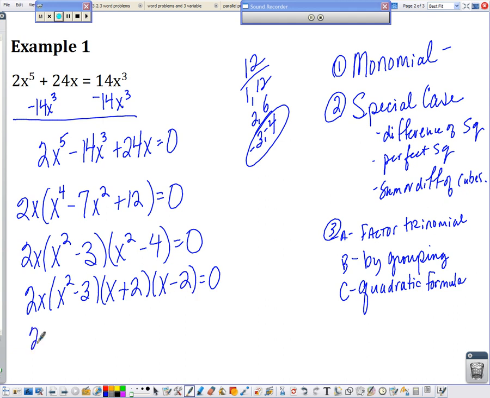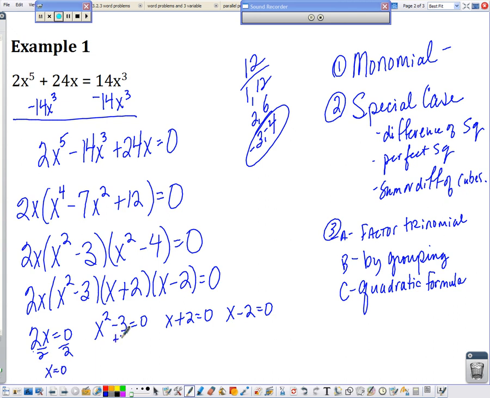So I'm going to do 2x equals 0, x squared minus 3 equals 0, x plus 2 equals 0, and x minus 2 equals 0. Okay? So now I solve each of these. Divide by 2, so x could be 0.